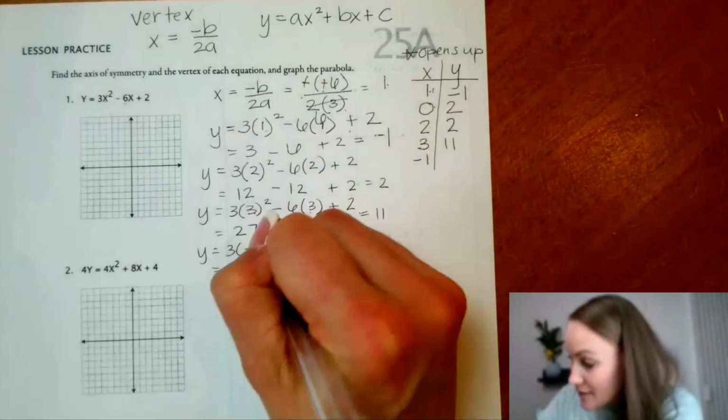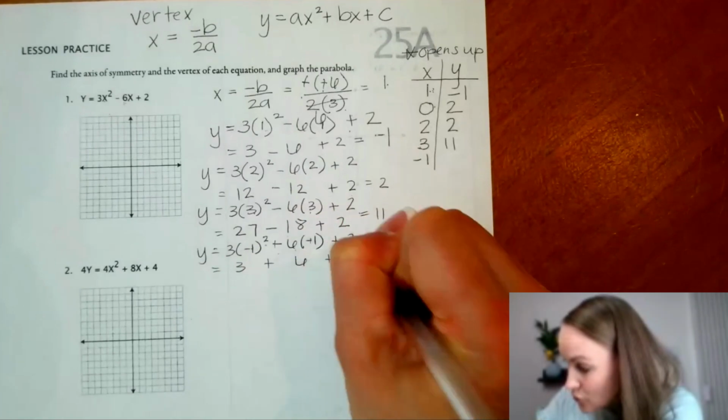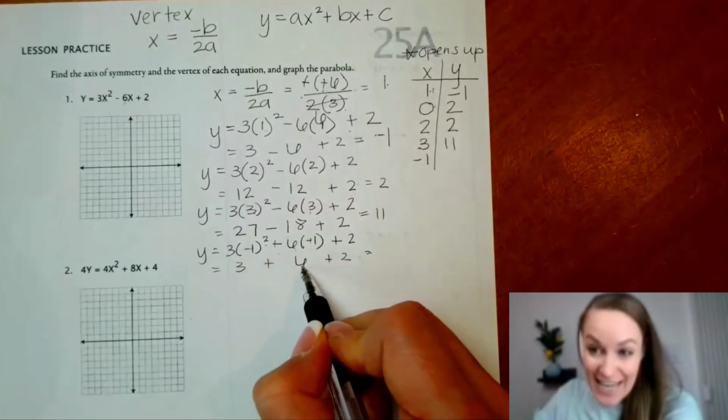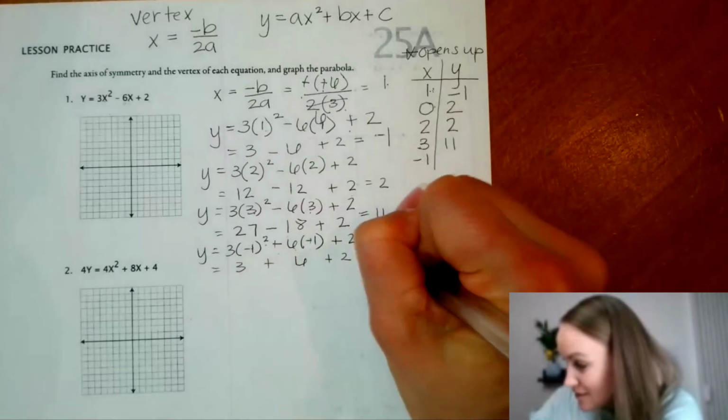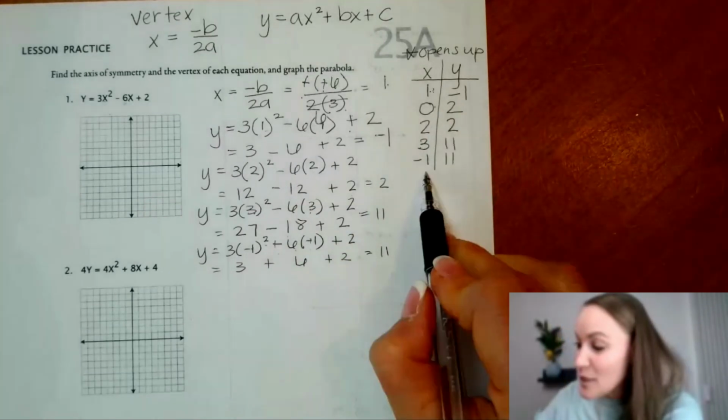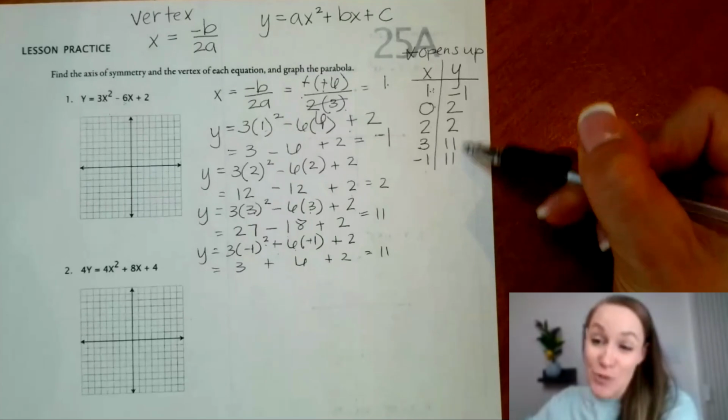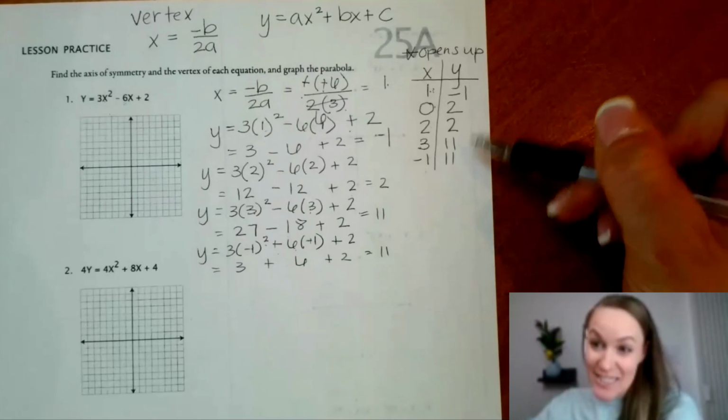So I have +6 plus 2. 3 plus 6 is 9. 9 plus 2 is 11. So because I chose something equidistant, it's kind of like I'm checking my work. Yes, that makes sense.